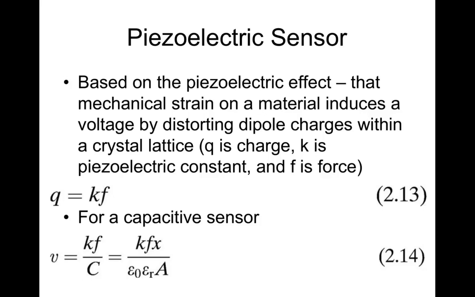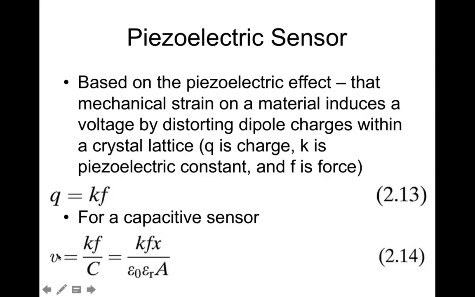and that then creates a voltage. So if K is a constant called the piezoelectric constant, and Q is charge and F is force, then the output charge is K times the force, so it's proportional to the force. Because in a capacitor, voltage is actually directly proportional to charge, not current, you can substitute the induced charge due to the piezoelectric effect for Q in the voltage to charge relationship.